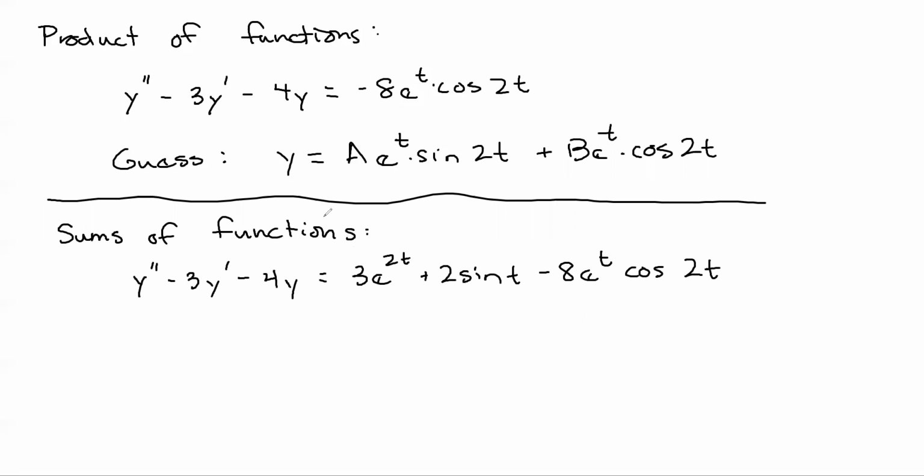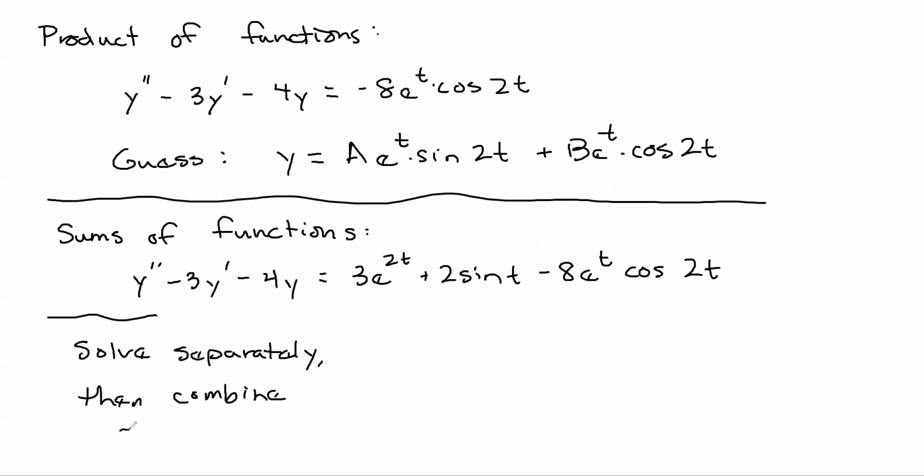Well, what you can do is solve them separately and then combine the solutions. I think that's the easiest way to do this. What do I mean by solve separately?